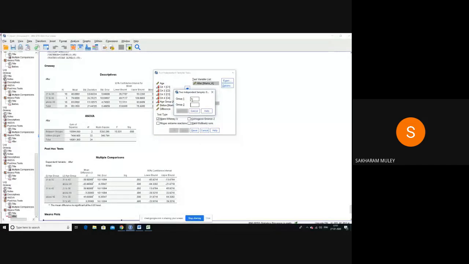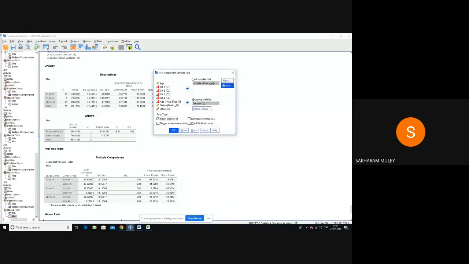You can continue. You can see the test types we can use: Moses extreme reaction, Kolmogorov-Smirnov Z, Wald-Wolfowitz runs, and Mann-Whitney. But I will just tell you about Mann-Whitney, because it is very frequent, and it is more powerful than any other test.